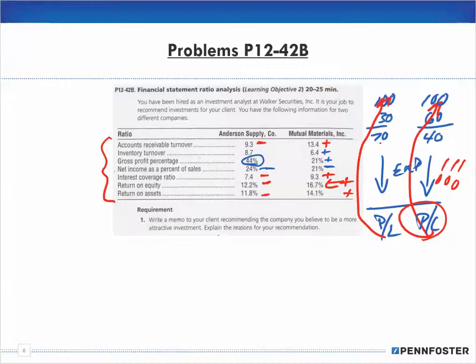Even though Anderson Supply is buying their product correctly, they're not controlling their expenses correctly. And Mutual, even though they're paying more, is controlling their expenses so that their profit and loss are basically identical.